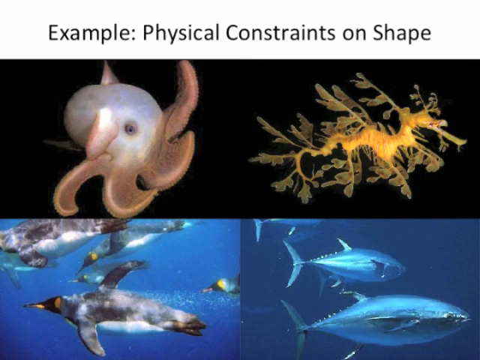For example, aquatic animals are constrained by the environment that they live in. Looking at these four different aquatic animals, you can probably pretty quickly see which ones are adapted for speed.